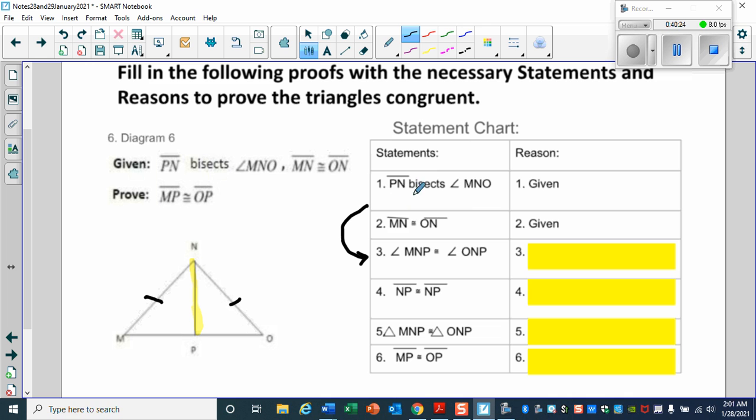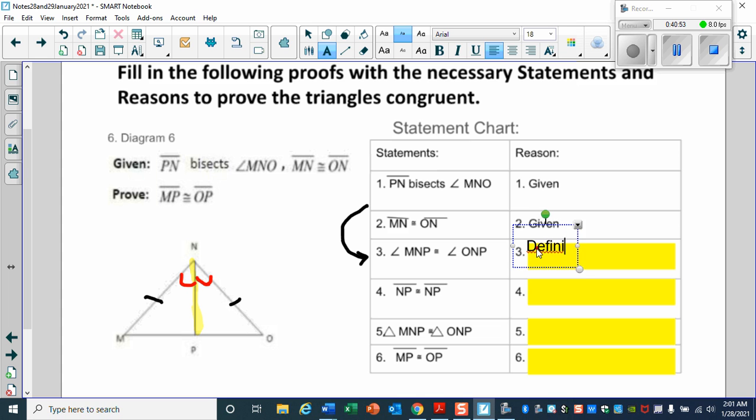Now going back to this first one, PN bisects MNO. If that's the case, MNO gets divided into MNP and ONP. So that's a definition. This one I'll give you.